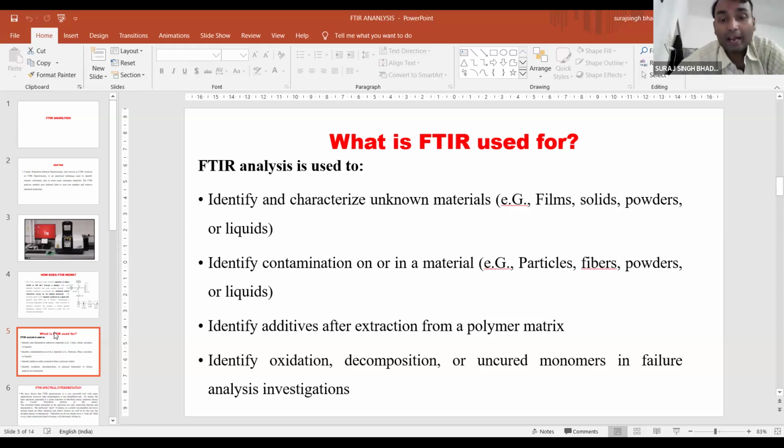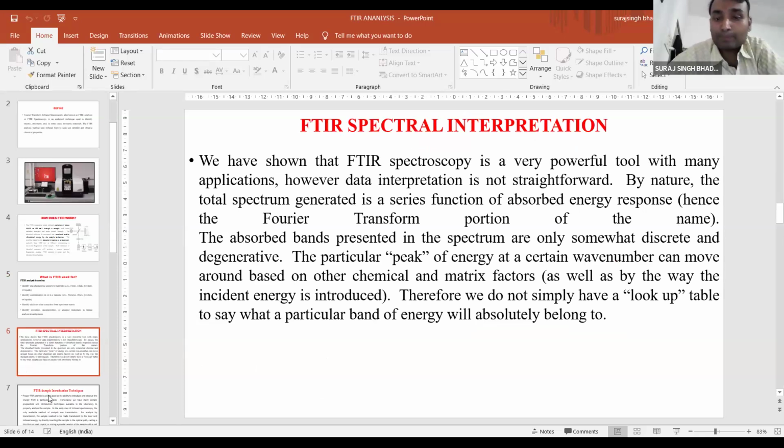What we know is that FTIR is one of the basic tools and a very important technique used to identify the unknown origin in our solvent system. Got my point?